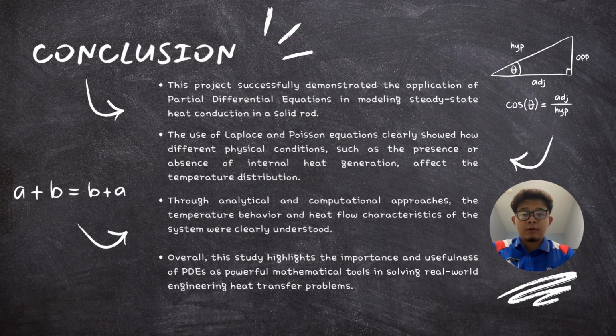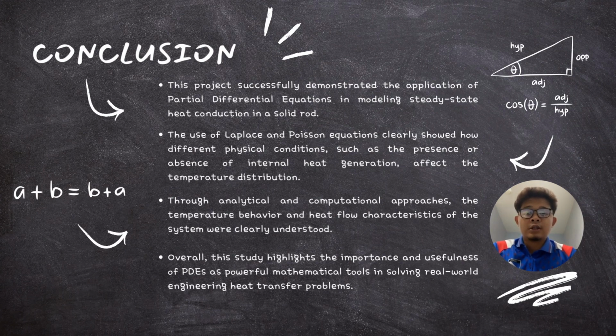Last slide is about the conclusion. This slide shows the conclusion for our project. First, this project successfully demonstrates how partial differential equations can be used to model steady-state heat conduction in a solid rod. Next, by using both Laplace and Poisson equations, we show that different physical conditions, especially the presence or absence of internal heat generation, significantly affect the temperature distribution.